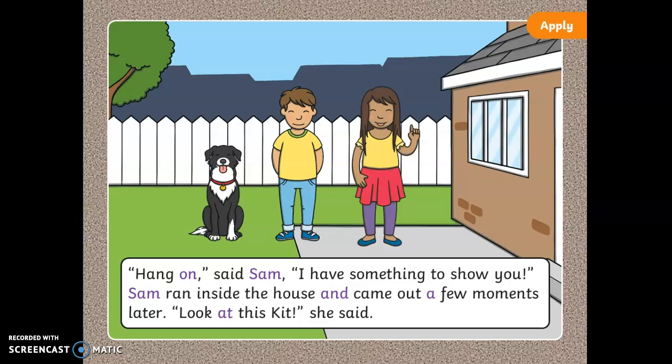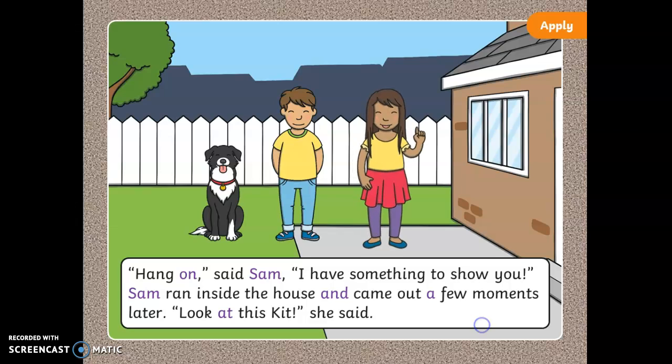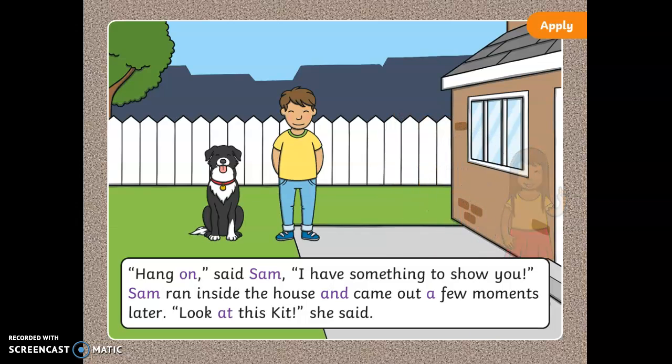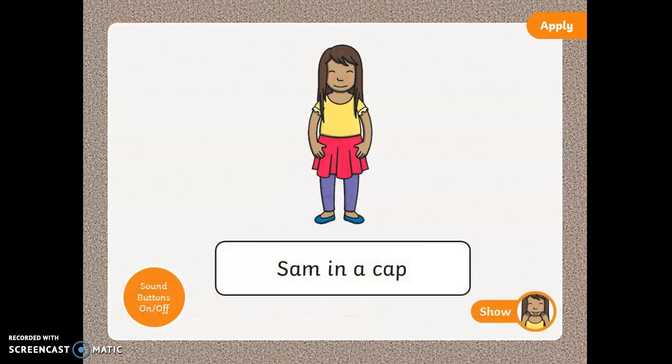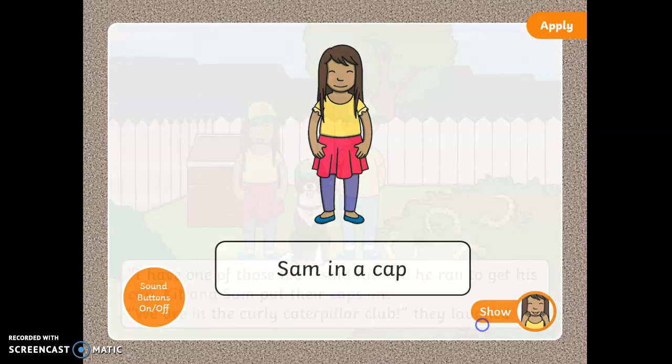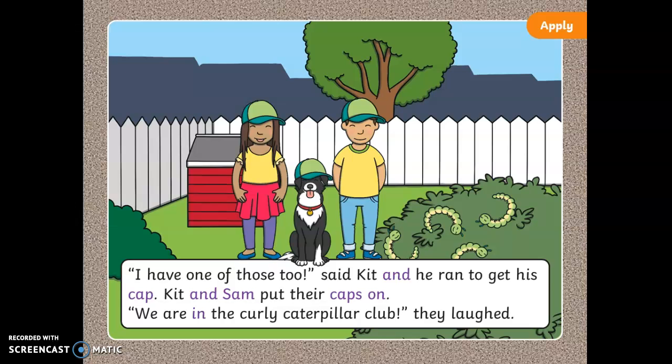Hang on, said Sam. I have something to show you. Sam ran inside the house and came out a few moments later. Look at this, she said. What do you think she's going to bring? Let's see, what did she bring from the house? Sam's in a cab.